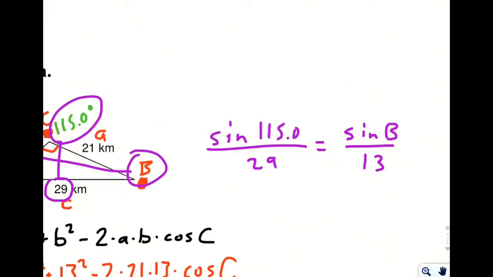Now we want to get sine of b alone. We want to get b alone, but first we need to get sine of b alone. And to do that, we multiply both sides by 13. And these are going to cancel each other out, leaving us with just sine of b is equal to all of that. Last thing, we need to undo the sine operation to get b alone, because our real goal is to isolate just b.